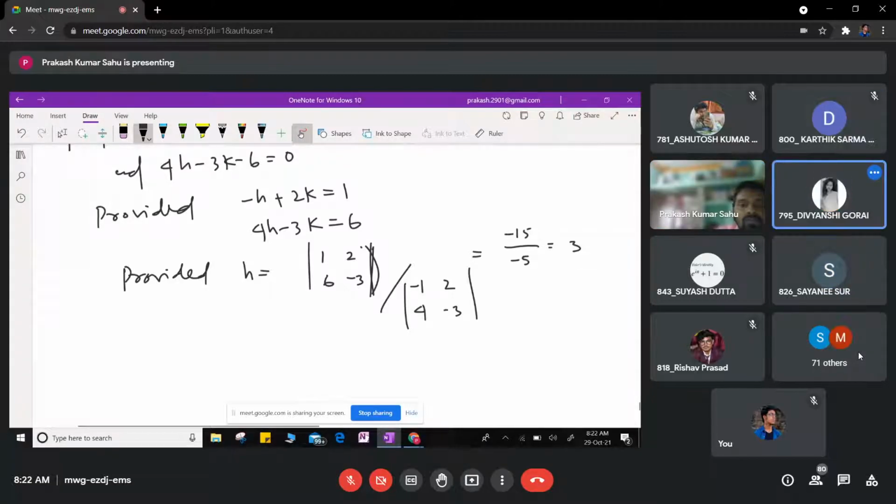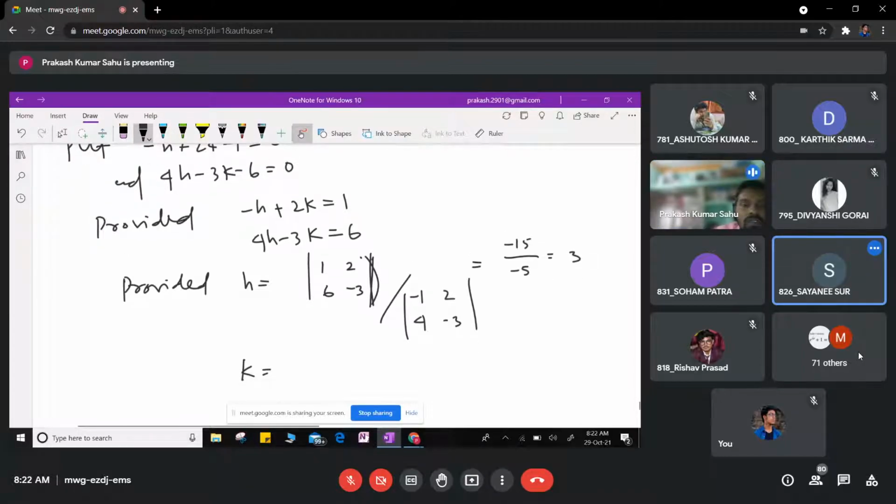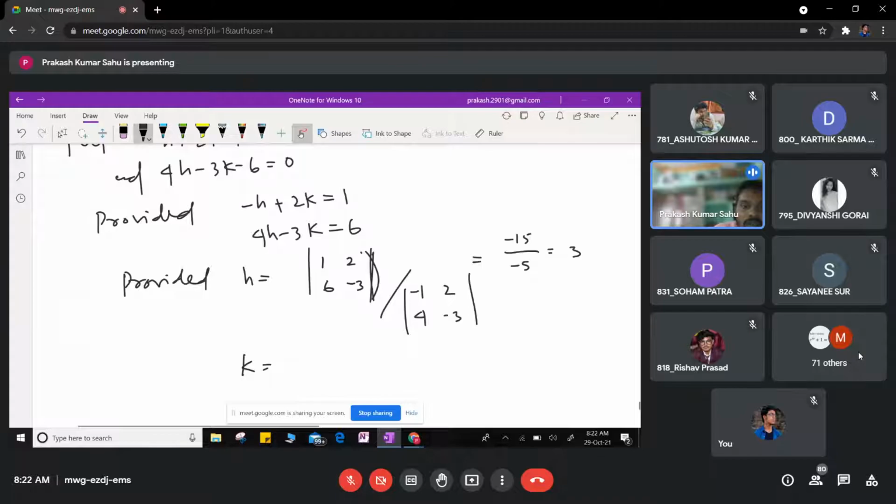And k is equal to, how much? The determinant with rows minus 1 1 and 4 6, divided by the determinant with rows minus 1 2 and 4 minus 3. I am using Cramer's rule. I hope everybody knows Cramer's rule.